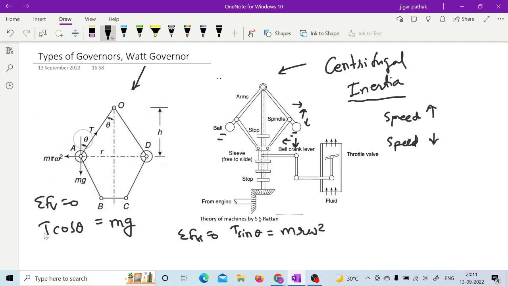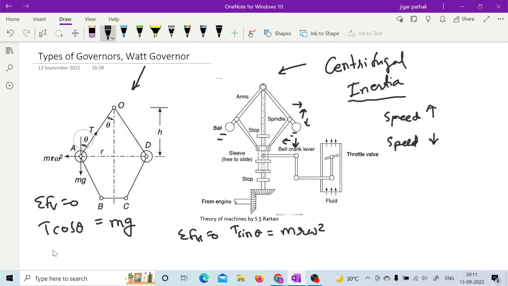Where this m is the mass of this fly ball, h as I have already mentioned is the height of the governor, right? And mg is the weight of this ball, and omega is the angular velocity at a particular instant, right? And T is the tension in the arm, as we have already mentioned, right?